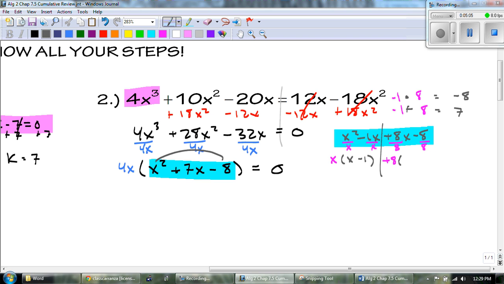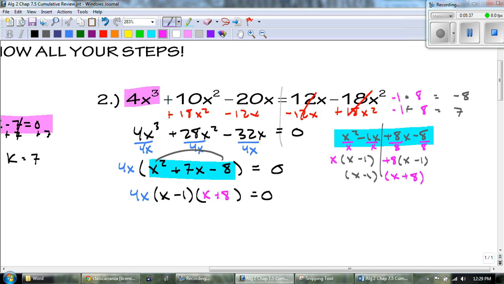And then when we divide it all out, we get x minus 1, which is beautiful because the x minus 1 is our first binomial, and then we're left with x plus 8 as our second. So we have the 4x, x minus 1, and then our other binomial of x plus 8 all equal to 0.